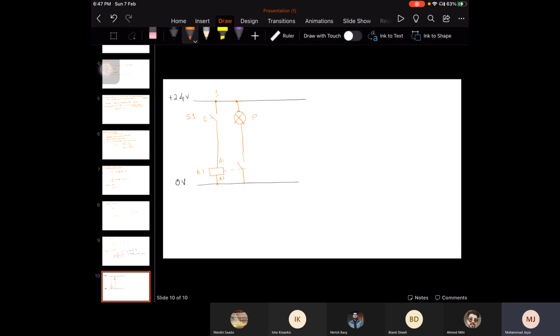Okay. So what will be happening over here? Once I press S1, the current will pass from here towards the ground through the relay, right? So it will excite the coil. Once the coil is excited, this normally open switch of K1 will switch on. It will be connected to this point.